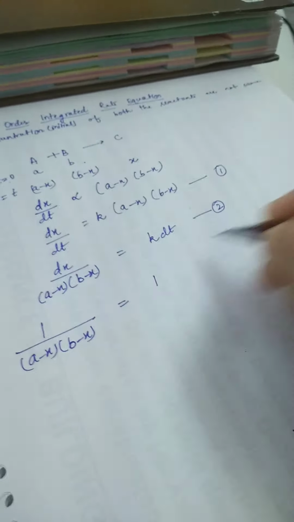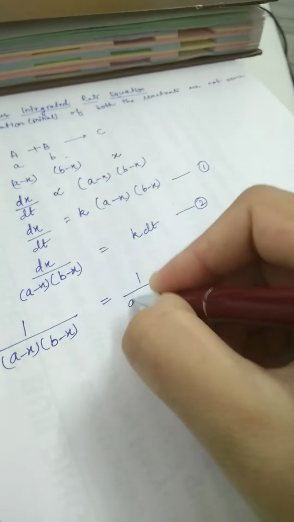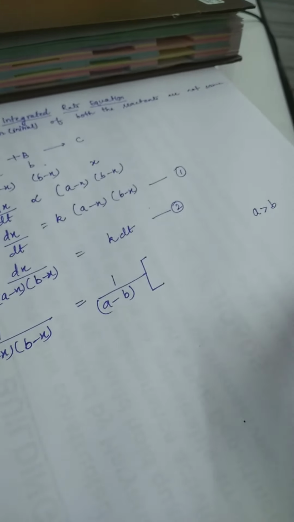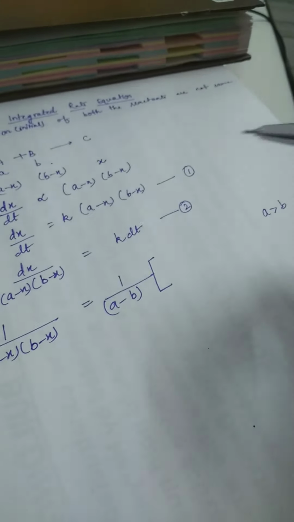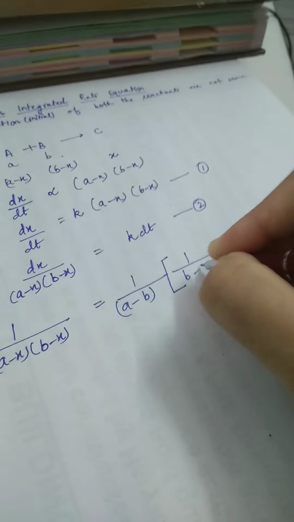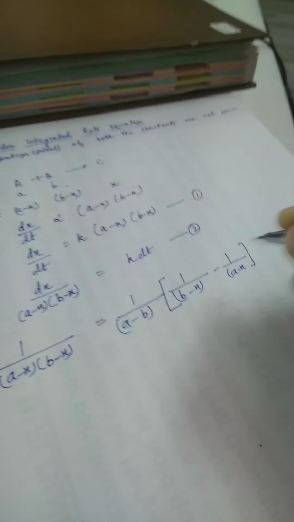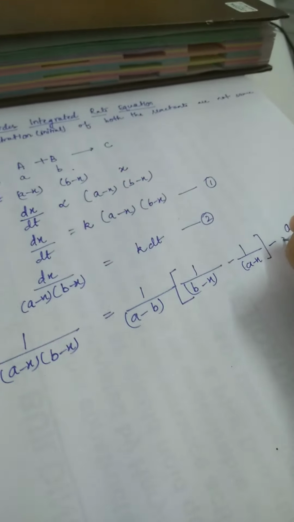I am assuming here that a is greater than b. So I'll write this expression in terms of its partial fractions, and I'll explain why I am writing it in this form. I am giving it equation number 3.